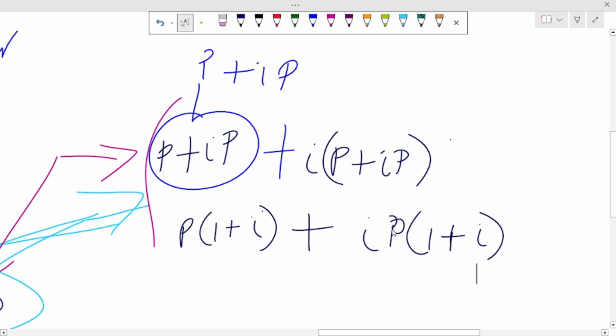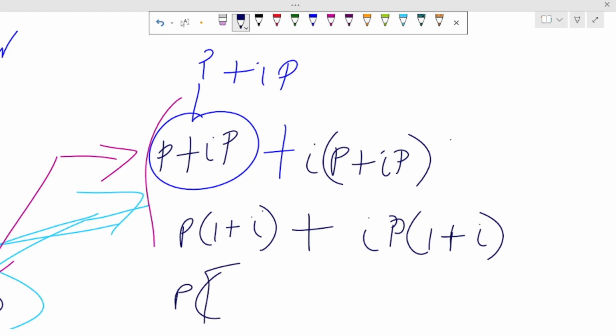Now, of course, you can factor out P. So when you factor out P, for 2 years, I use a square bracket outside.